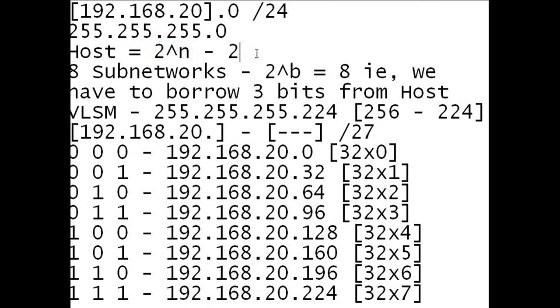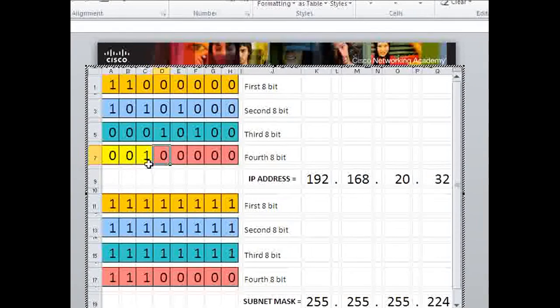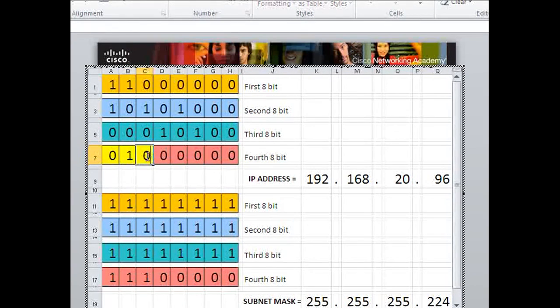So this is my calculation in this case. So let's vary all the bits: 000, 001, then 010, then 011, 100, 101, 110, then 111. These are the 8 subnetworks I am getting out of it. So that is the calculation.